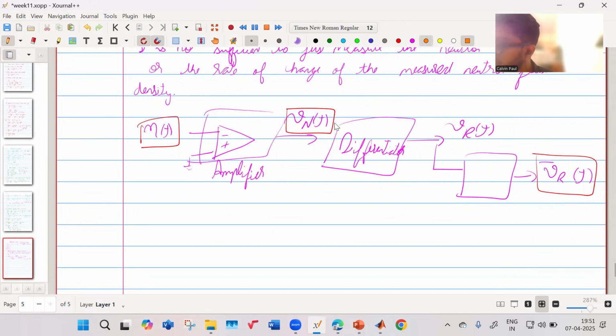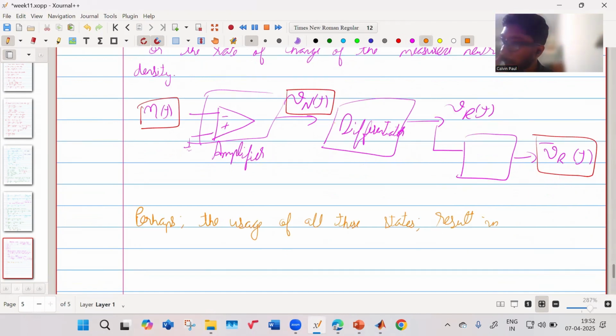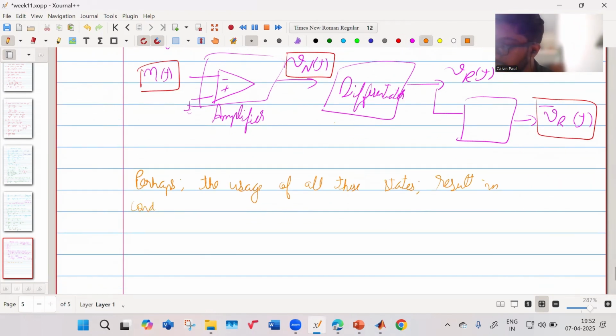So I don't know, perhaps the usage of all these states in certain conditions where the system is observable to me if both outputs are measured.